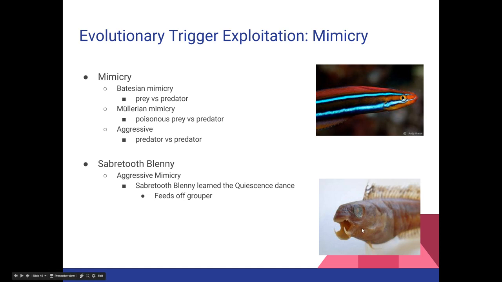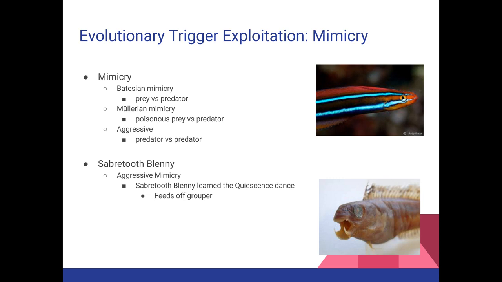It has been born with this knowledge, and this behavior, and this instinct, and it will swim in front of the grouper, do the same little quiescence dance, and dazzle the grouper. The grouper will go slack-jawed, and then it goes in and actually bites the grouper's mouth. But the grouper is still slack-jawed. It doesn't notice the pain.